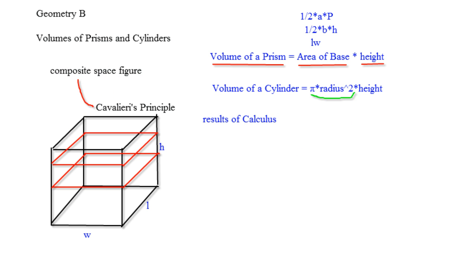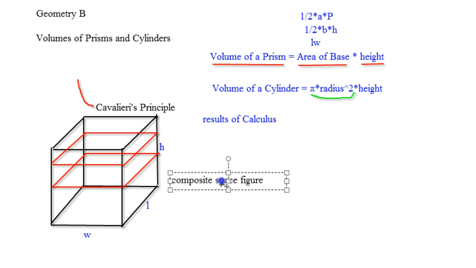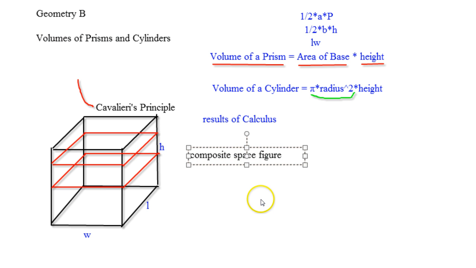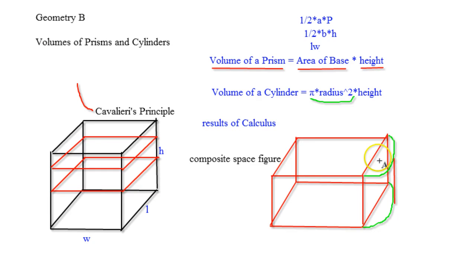Okay, now a composite space figure. A composite space figure is a figure made up of several different types of space figures. So if you actually have to find the area of something that looks like this, I just realized in drawing this that this is not the best semicircle that I could have drawn. But anyways, let's say you were dealing with a figure that looked like this. Sorry, I need to undo. There we go.